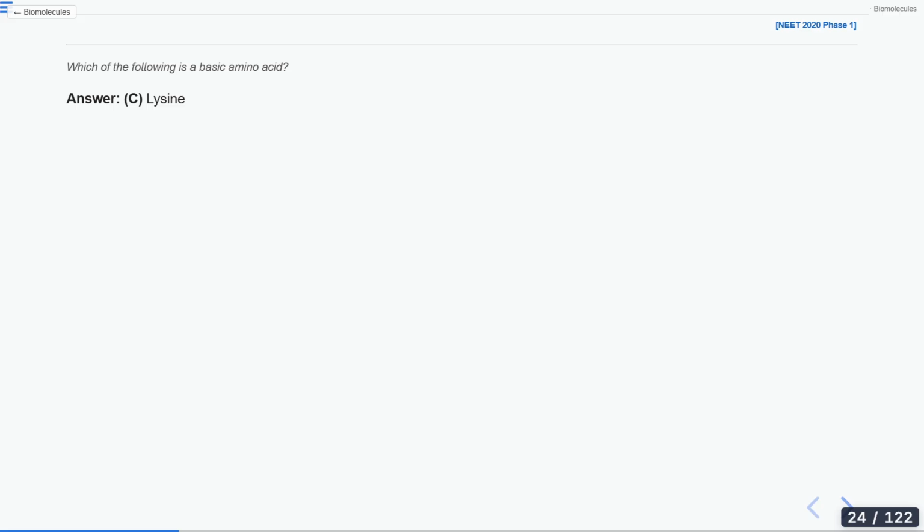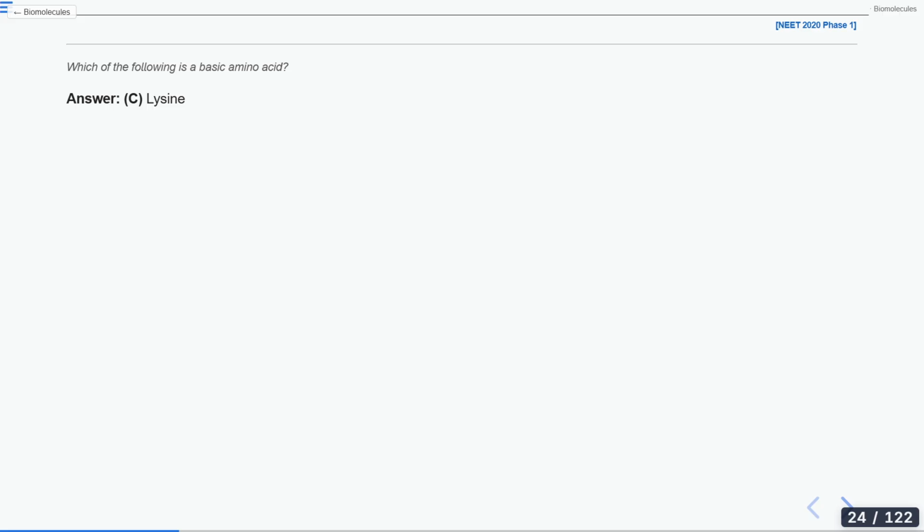Then, can you tell me the names of the acidic amino acids? Janni V is telling alanine and valine. Surbi is telling aspartic.